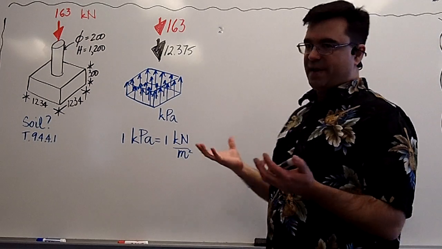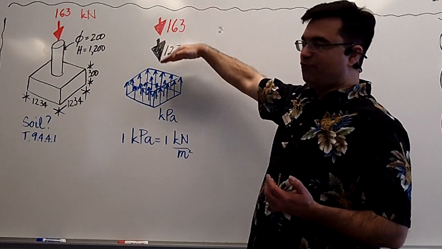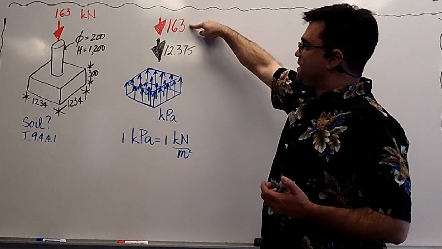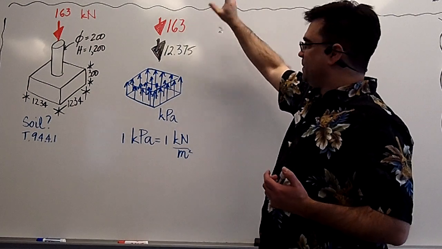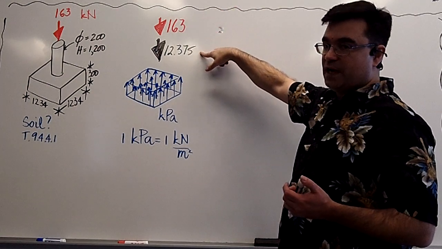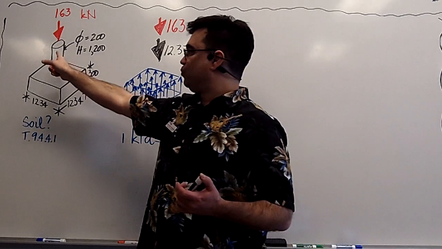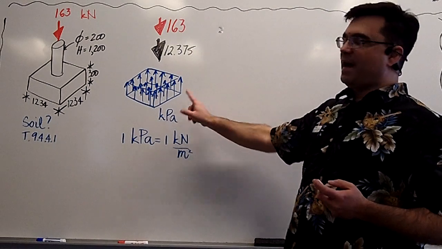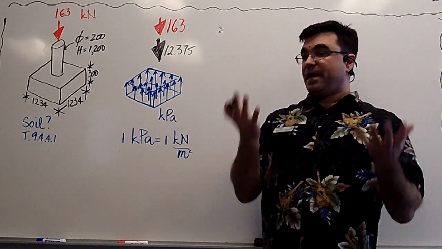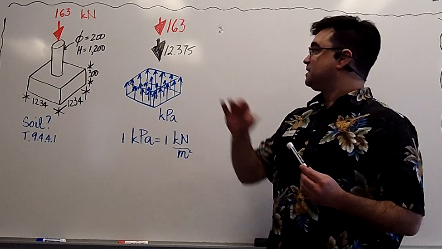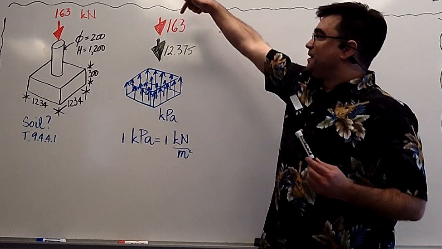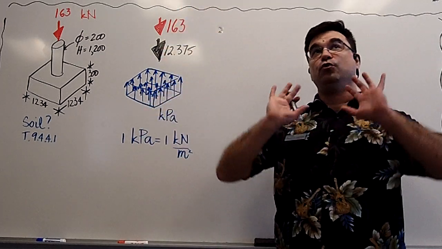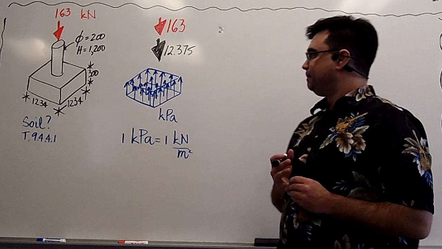So now we have a balance here between these applied forces, 163 kilonewtons from the building above, 12.375, which is the weight or the force imparted just by the self-weight of the concrete structure, must be balanced out by the bearing capacity of the soil. Otherwise, if this is more than that, the building will sink. The soil can't push back up enough.